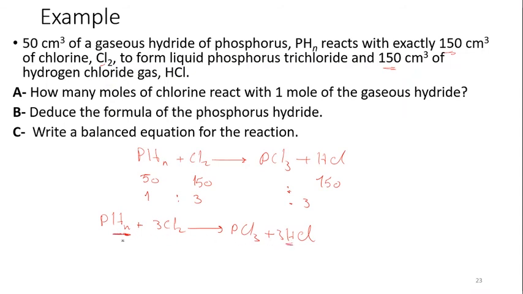So this means I have PH3 plus 3Cl2 to give me PCl3 plus 3HCl. If I look again, I have here 3 hydrogens and here 3 hydrogens. I have here 3 chlorine atoms on the left, and 3 and 3 chlorine atoms on the right, and 1 phosphorus on both sides. So this is my final balanced chemical equation.